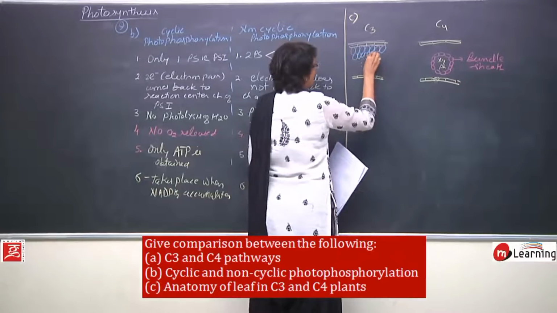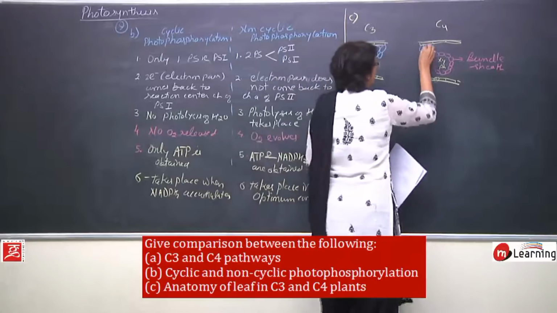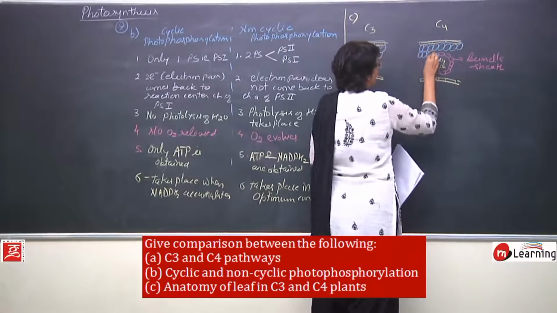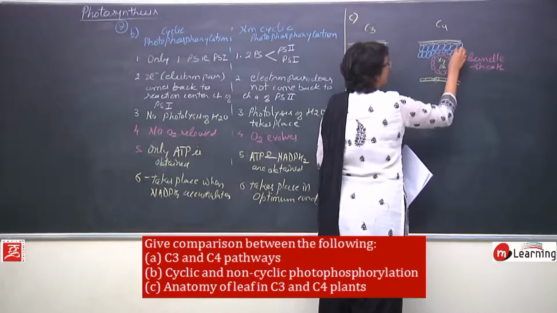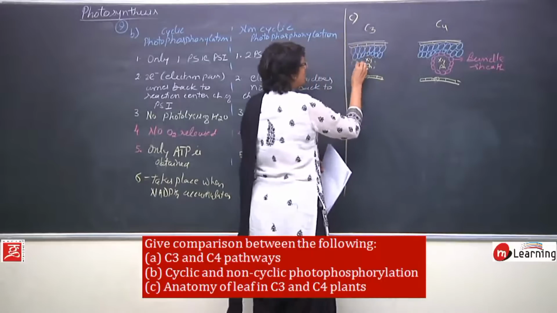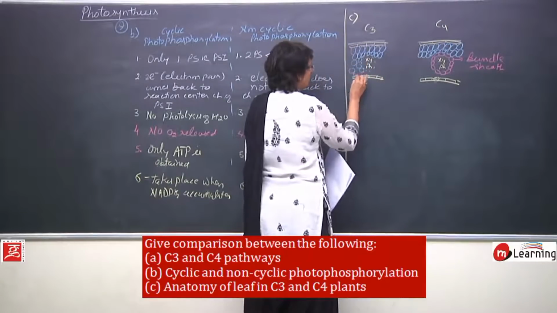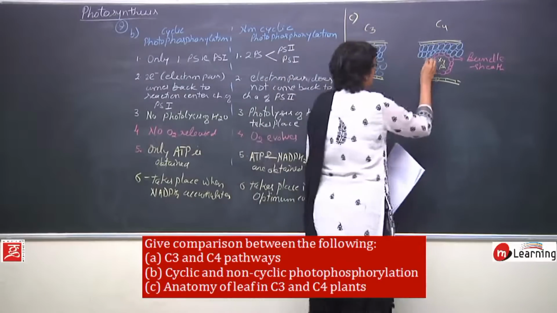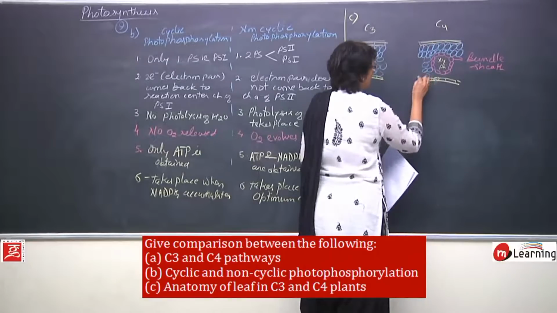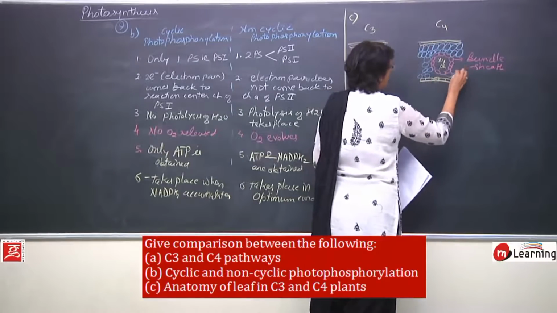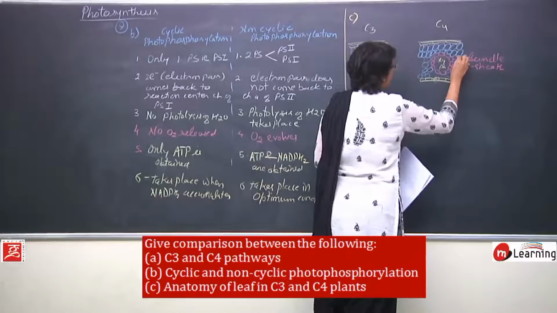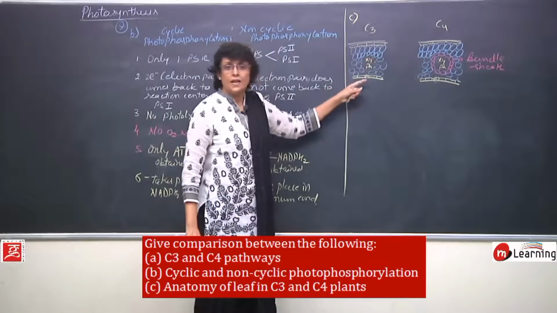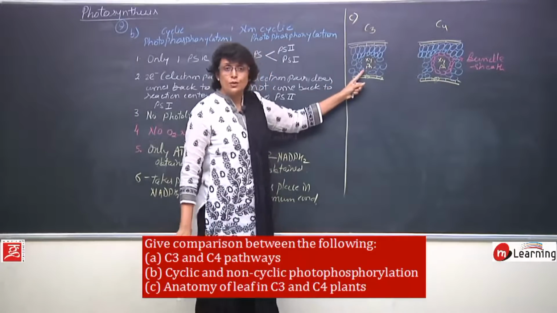Upper few layers are compactly arranged, lower layers are loosely arranged. So there is no distinct ring of cells around the vascular tissue.